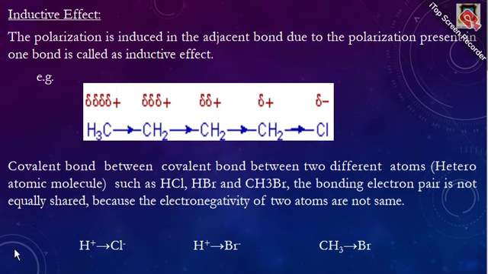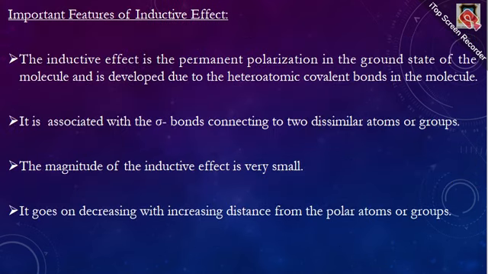In HCl, chlorine is more electronegative. Therefore, it pulls the bonding pair of electrons towards itself and acquires a negative charge. Hydrogen acquires a positive charge. Same in the case of HBr, bromine is more electronegative. Then in CH3Br, bromine is more electronegative than carbon. Therefore, there is separation of charges, that is plus and minus.